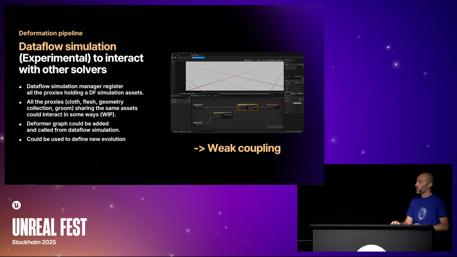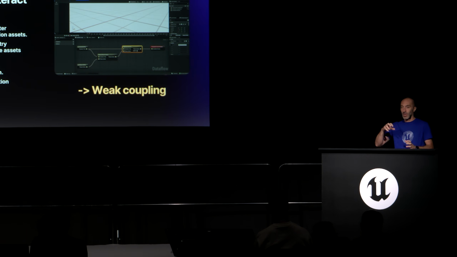And you have a manager, which is a subsystem that's going to gather all the components that have been used in the world and that are using a Dataflow simulation. And it is going to create some proxy and assign this proxy to each Dataflow asset. So after, if you open a Dataflow asset, you say, oh, I want to grab all my cloth proxy. I want to filter this proxy by this tag. And I want to advance the simulation in time. And after, I'm going to extract some information out of the solver.